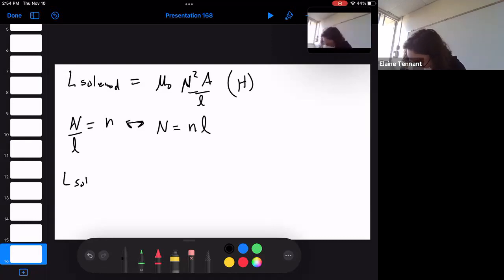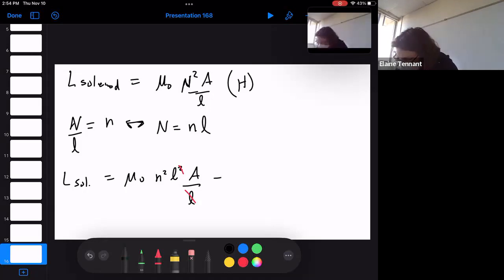And so now this L equals mu naught n squared L squared A over L. One of these L's is going to cancel out. And so I'm going to have mu naught n squared, the area of this times the length of this.